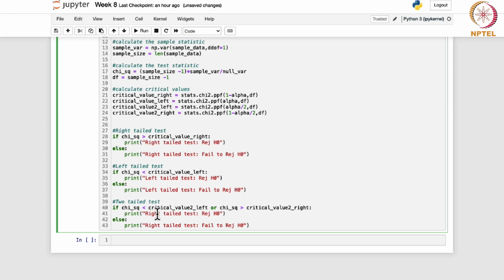If that is the case, for the two-tail test you are going to reject the null hypothesis, otherwise you fail to reject the null hypothesis.